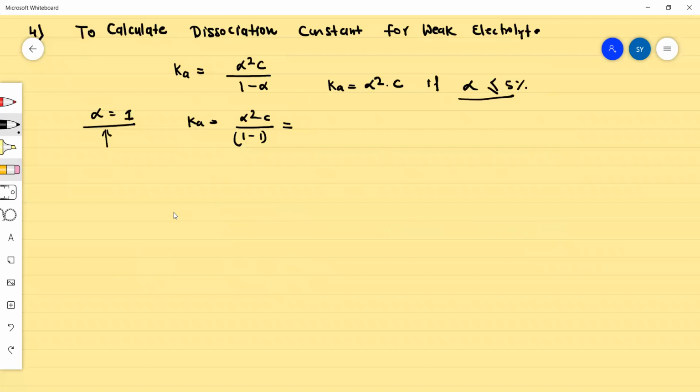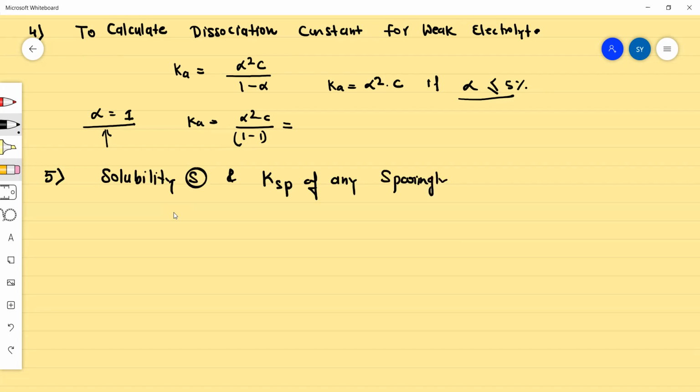your application is the solubility and the solubility product of any sparingly soluble salt. Solubility, that is S, and solubility is also called concentration, you can consider, because whatever amount of solute dissolves in the water gives its strength. And Ksp, the solubility product of any sparingly soluble salt.